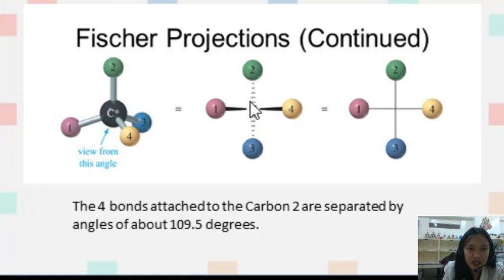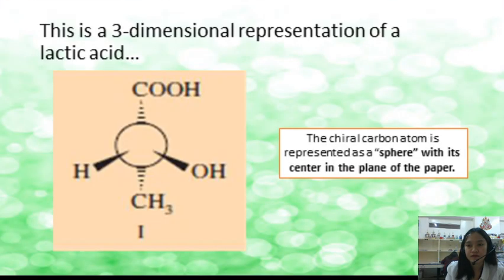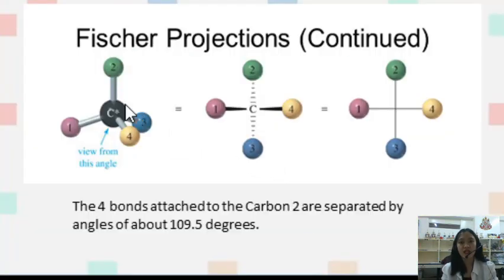That means these lines, pwede nyo siyang gamitin as a symbol that it is projected backwards. And then, pwede rin yung crisscross lines lang. Dito, understandable na the carbon is at the center. So again, the angle between these four different functional groups is not a perfect 90 degrees. It is 109.5 degrees. Kaya nga dito sa 3 dimension, di ba? Hindi naman straight yung kanyang angles.